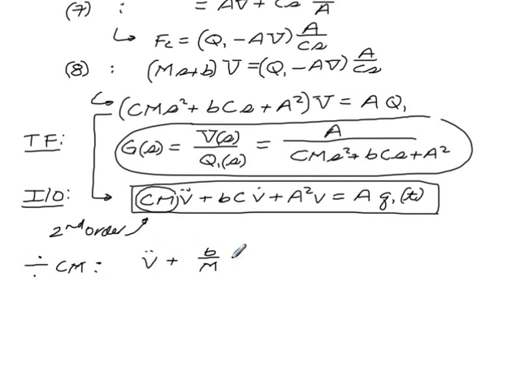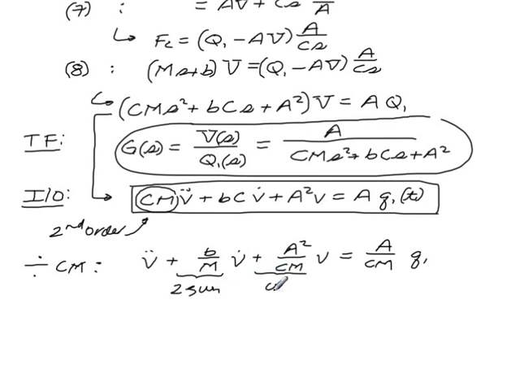The C's cancel out. I get A squared divided by CM V, and that's equal to A divided by CM Q1 of T.